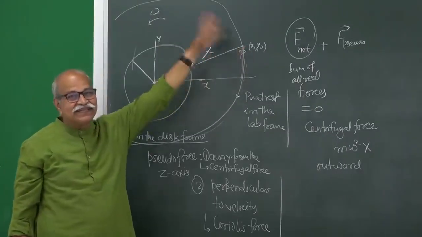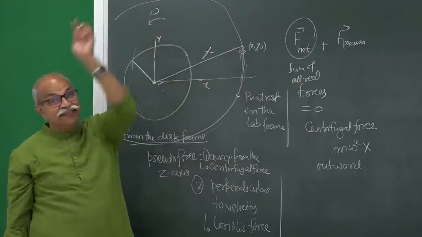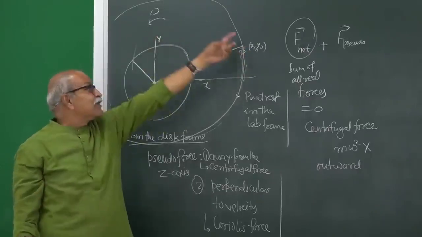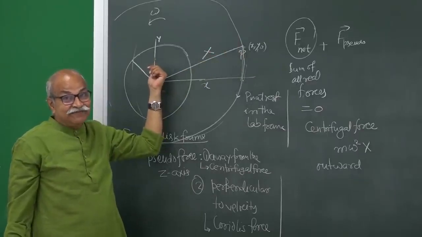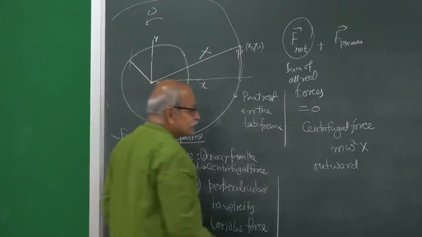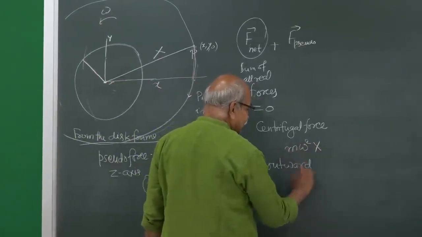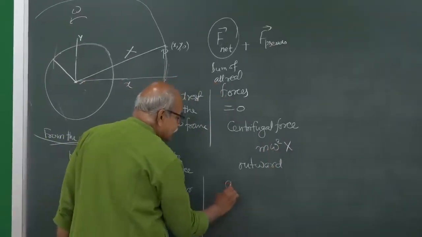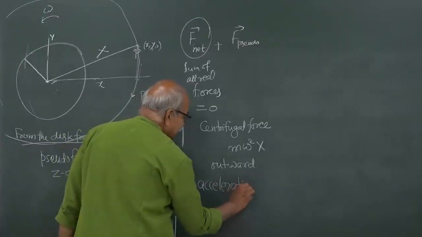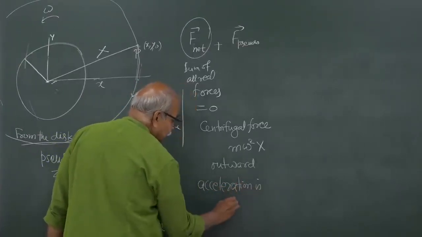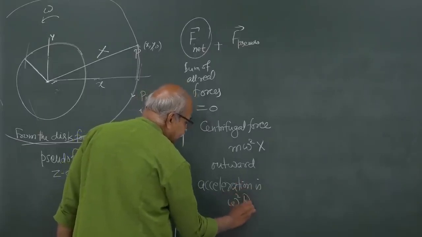So, the angular velocities of the disk in the lab and of the particle in the disk are going to be equal. Okay. So, the centrifugal force is this much outward, but the acceleration is omega square x inward.